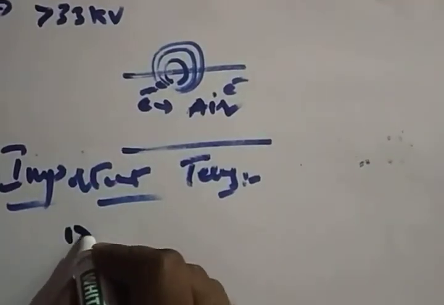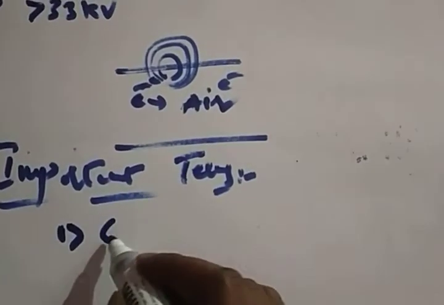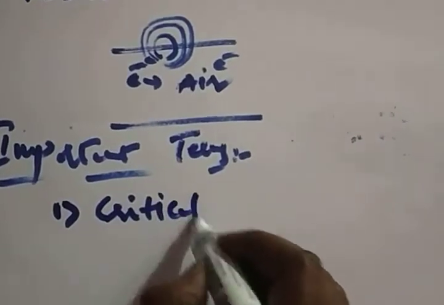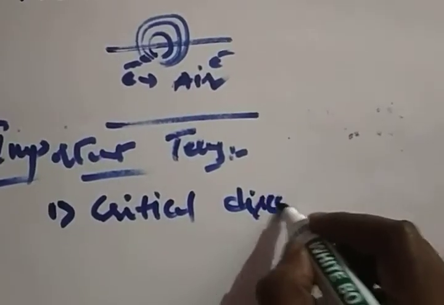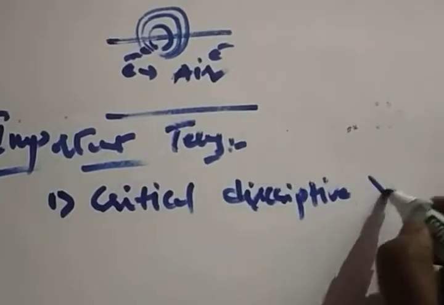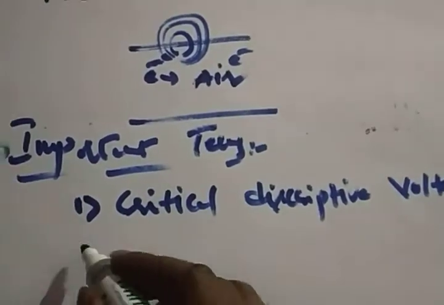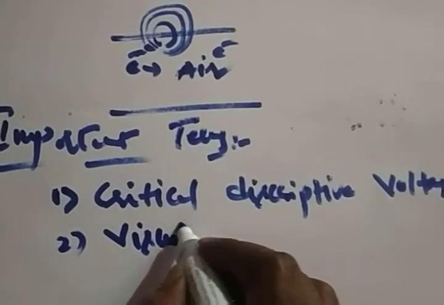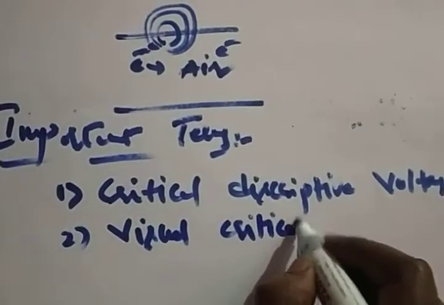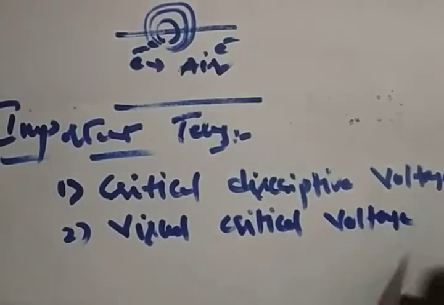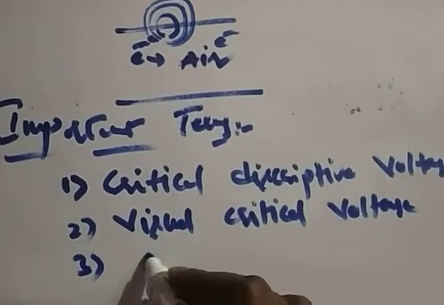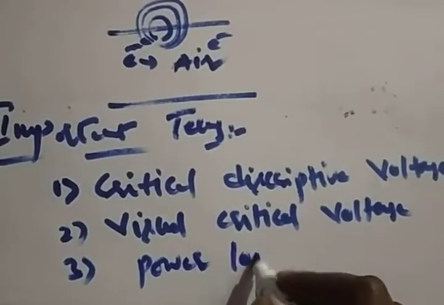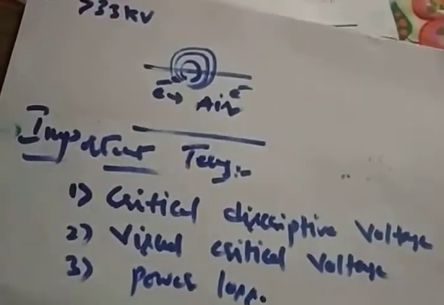The first one is critical disruptive voltage. The second one is visual critical voltage. And the third one is power loss. These are the important terms we should consider while designing your overhead transmission system.